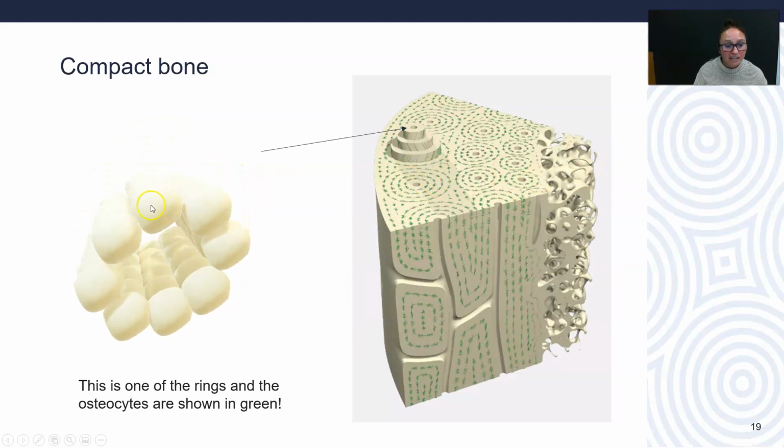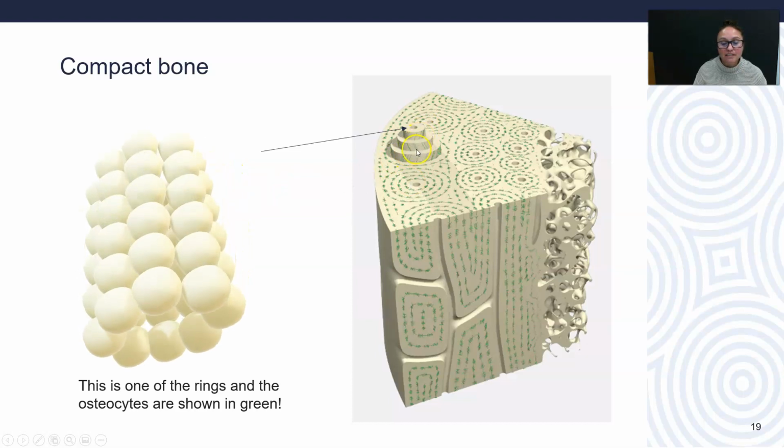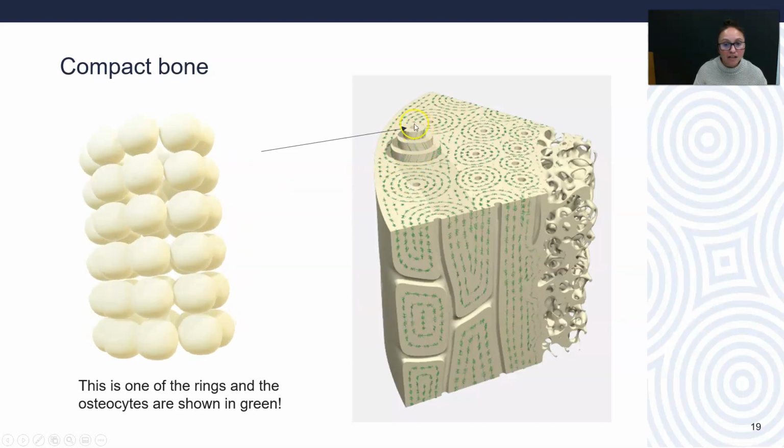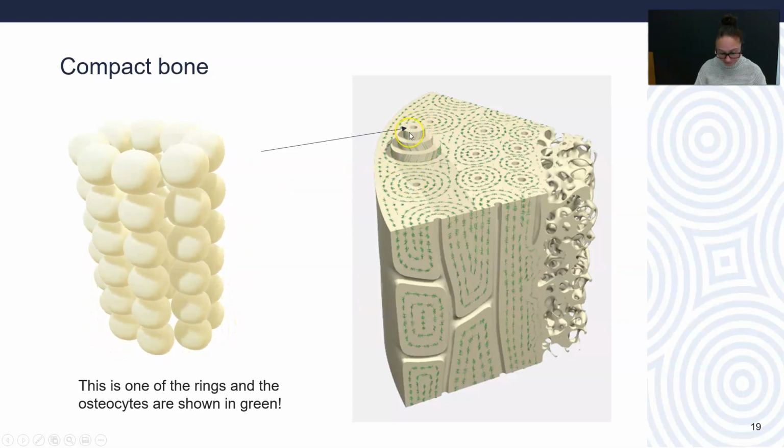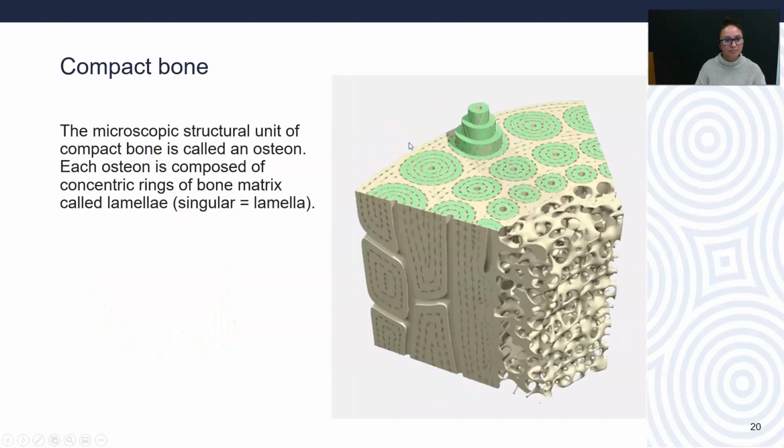You don't see them here because they're inside. Now, if you have quite a few rings together, so here is one ring, here is a wider ring, here is another wide ring, and here's another ring. That whole structure is called an osteon.